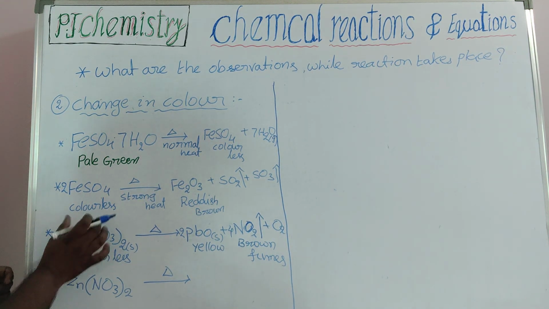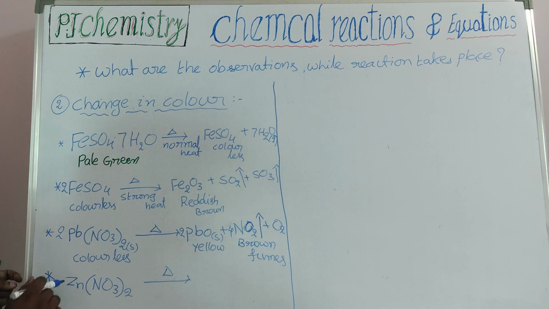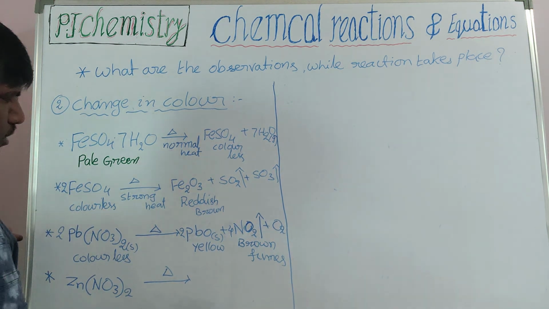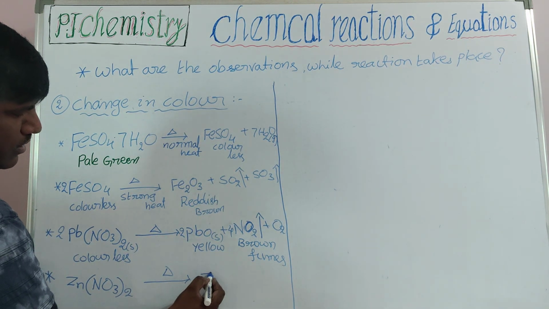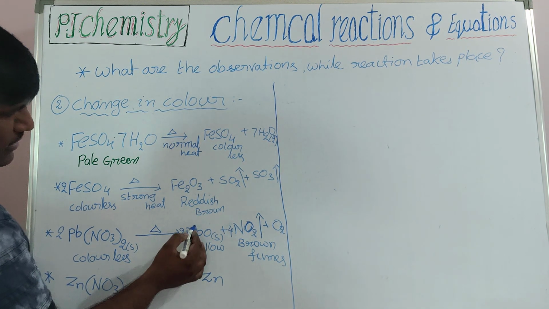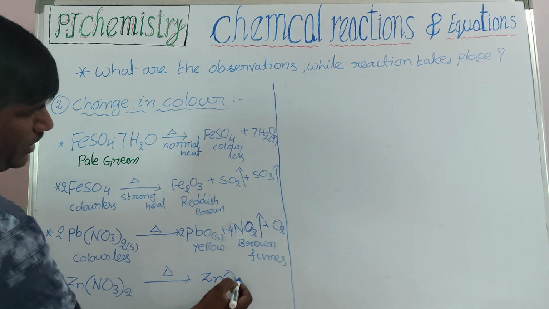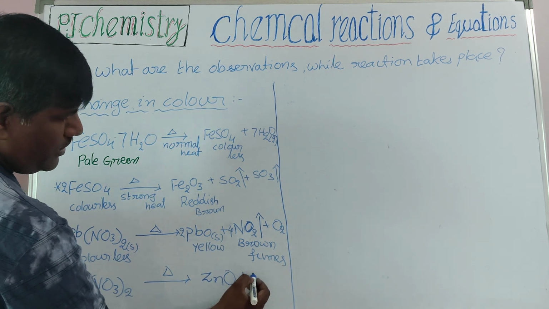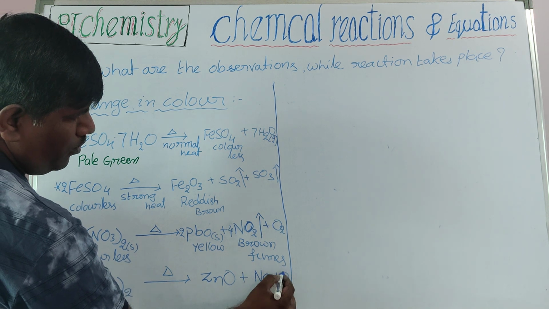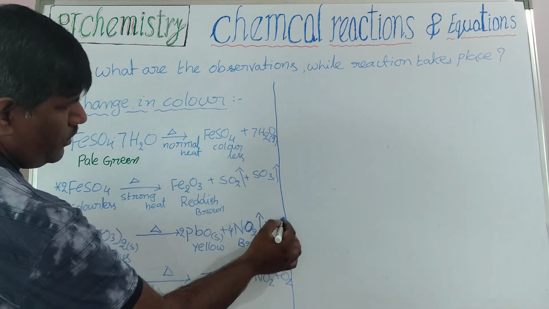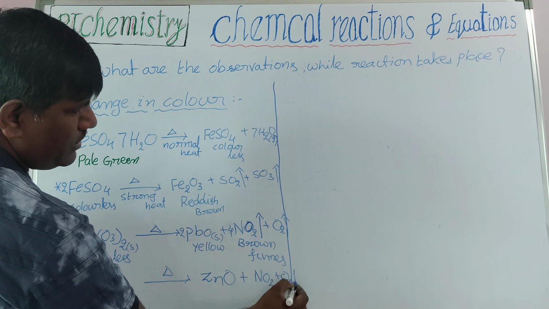It is the same as the above reaction, and only one element changes. Lead here, zinc there. If you replace lead with zinc, you will get the answer. Here lead oxide forms; there zinc oxide forms. The remaining products are the same: NO2 plus O2, both gases liberated.